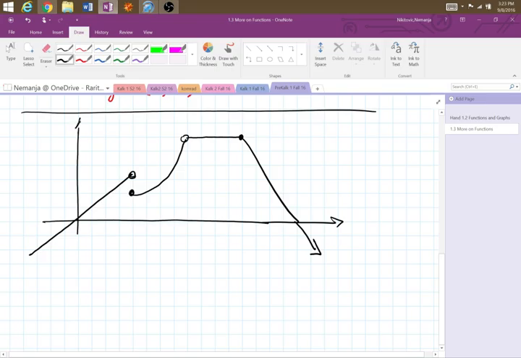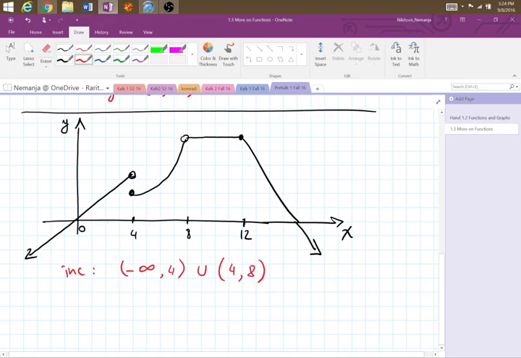So if I am to use values here, 1, 2, 3, 4, 5, 6, 7, 8, 9, 10, 11. Wow, what are the chances that I randomly just went 4 units each one? Wow. All right, fine. So now, interval of increase, we start at negative infinity, and then it's increasing to 4, and then we say union 4 to 8.